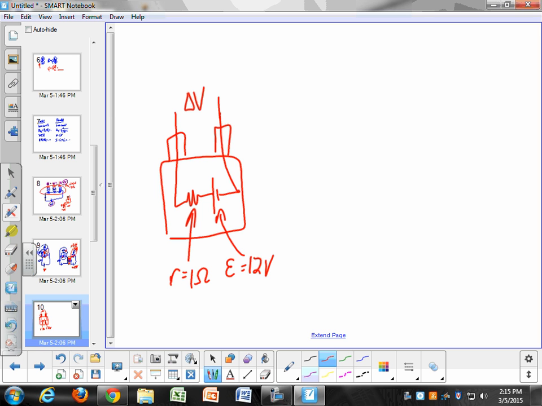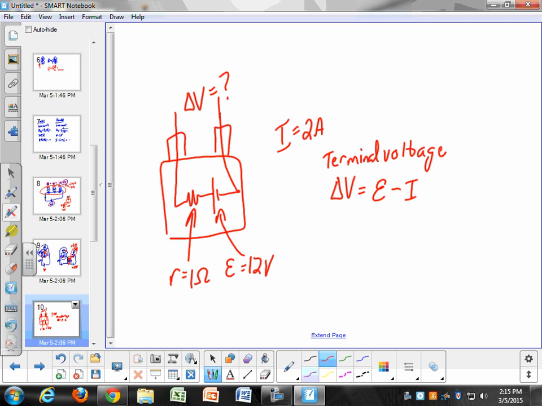And then let's say that I want to know what this is if I have a certain current. So let's say that my current is, I don't know, 2 amps. What is my terminal voltage, we call it? All right, my terminal voltage is equal to the EMF, that's the ideal EMF of the battery, minus the potential drop across that internal resistance.